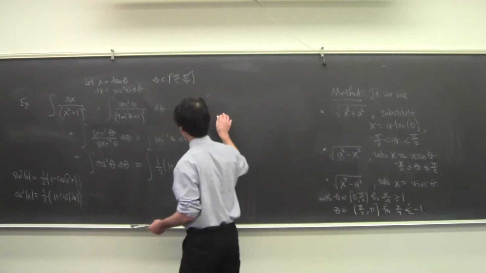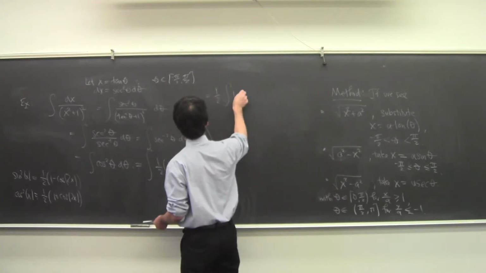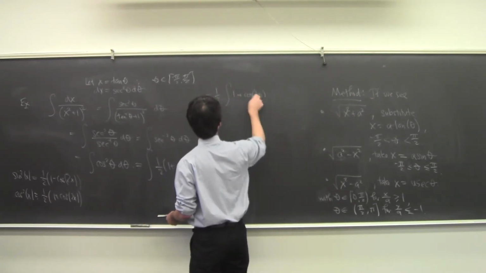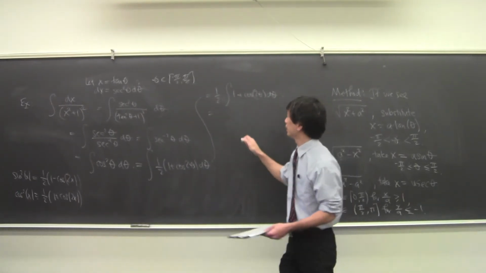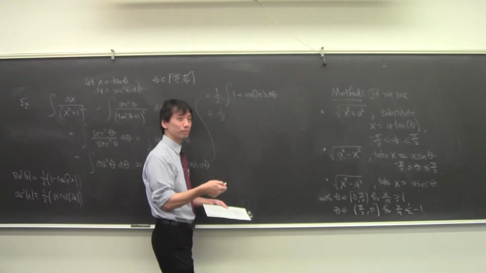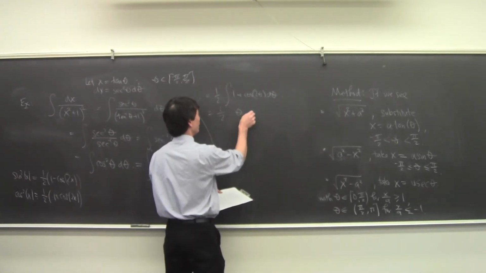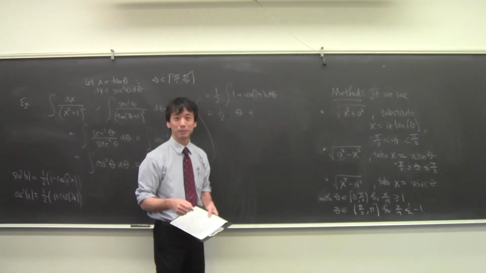Okay. So we've got 1/2 the integral of 1 plus cosine 2 theta, right? What does that turn into? You get 1/2. The integral of 1 is just theta. And the integral of cosine 2 theta is going to be, somebody just say it.